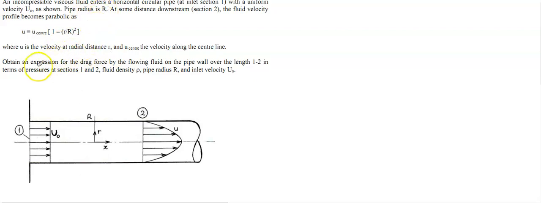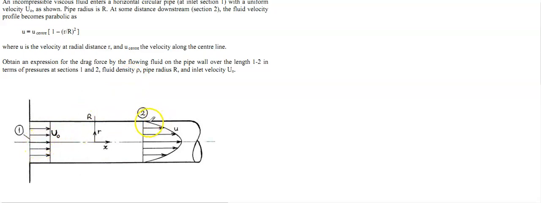Okay, so we need to obtain an expression for the drag force by the fluid on the pipe wall over the length between sections 1 and 2, in terms of pressure at section 1 and section 2. The density is given as rho, the pipe radius is r, and the inlet velocity is u0. So initially it was uniform velocity at section 1.